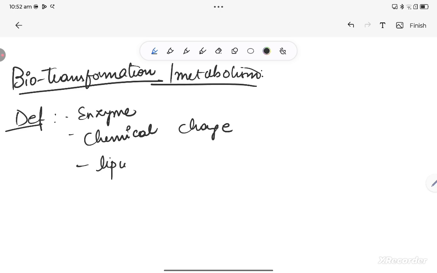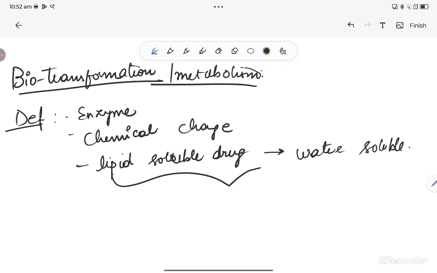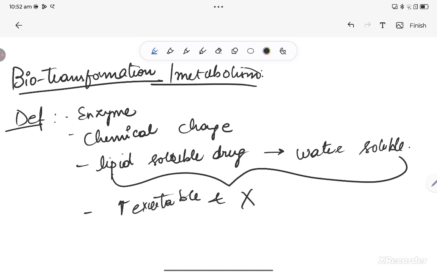a lipid soluble drug to water soluble drug. By making this change, drug becomes easily excretable and not reabsorbed from urine.